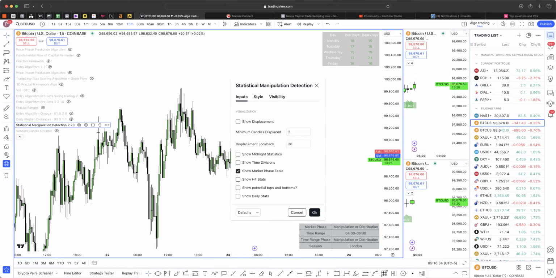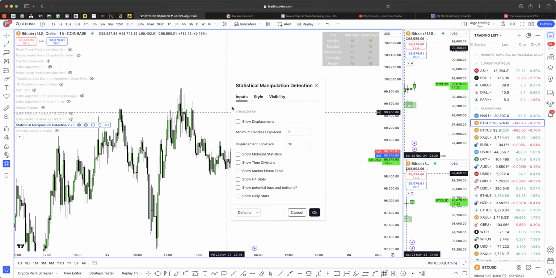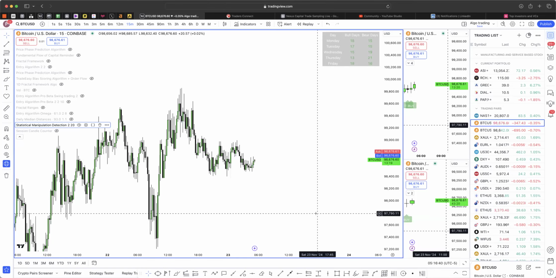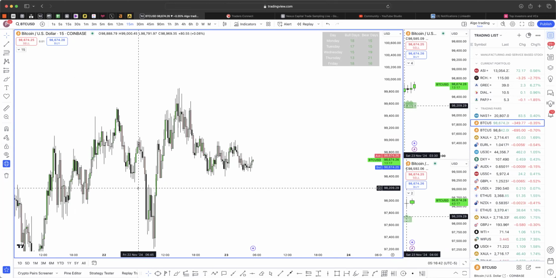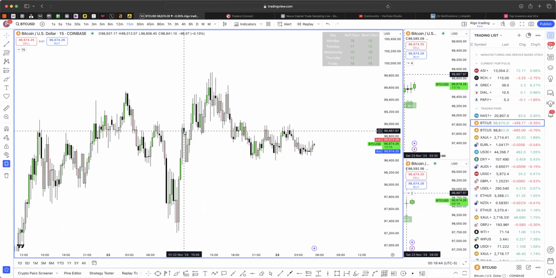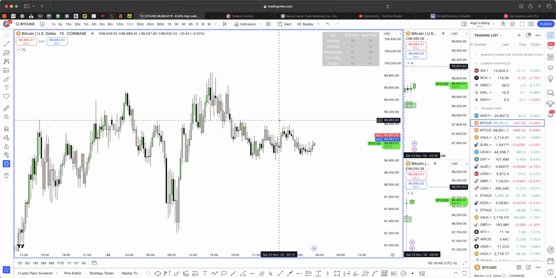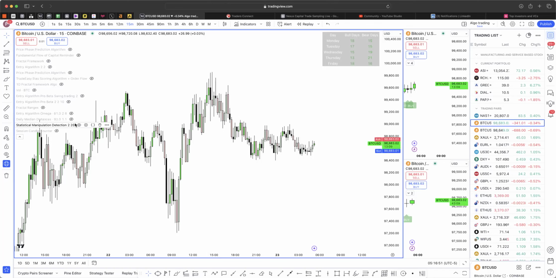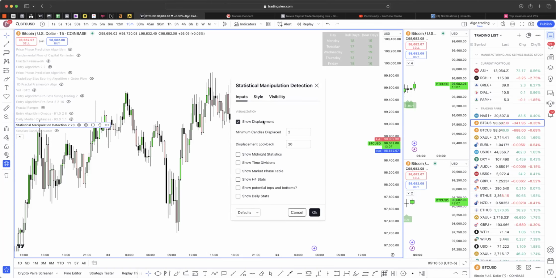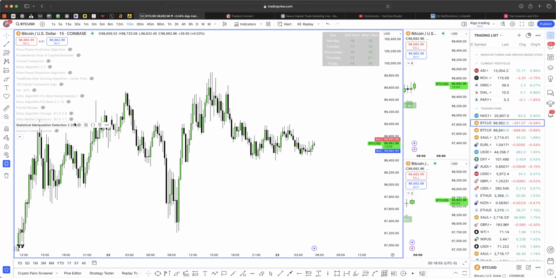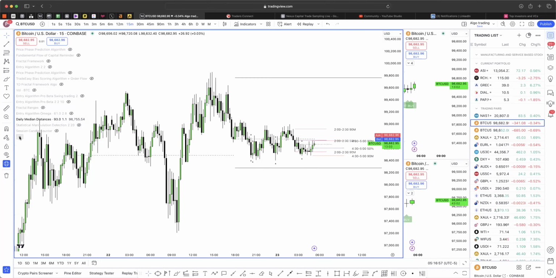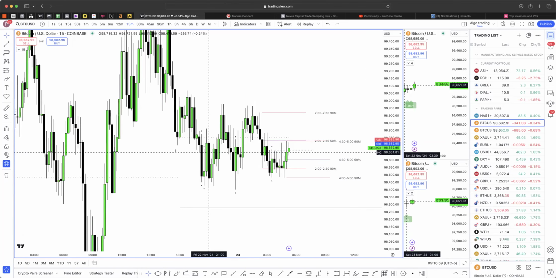Now, if you look at something else, displacement. You know what the displacement is, right? It will show you the displacement candles as per my previous YouTube video. They show you all the displacement candles that you can use as a POI. And finally, what we're also going to release to our users is the 90-minute defining range, right?